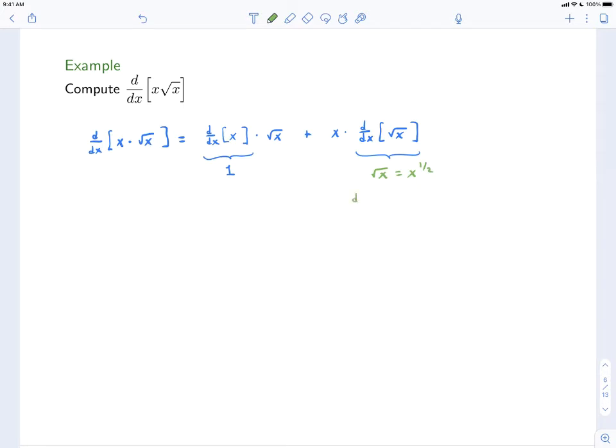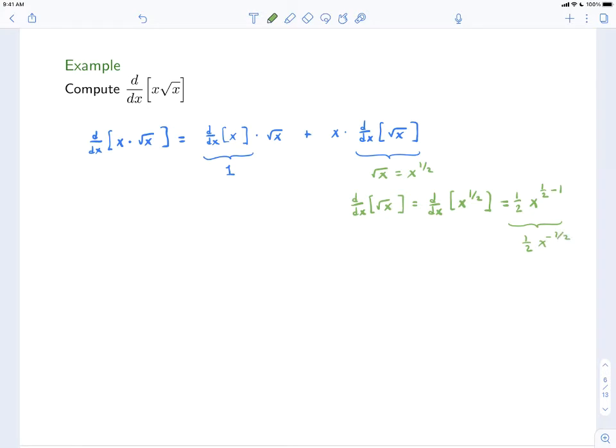So the derivative with respect to x of the square root of x is the same as the derivative with respect to x of x to the 1/2. And now we can use the power rule. You bring the exponent down, then you multiply by x and decrease the exponent by 1. So 1/2 minus 1. What's that going to be? That's 1/2 times x to the minus 1/2.